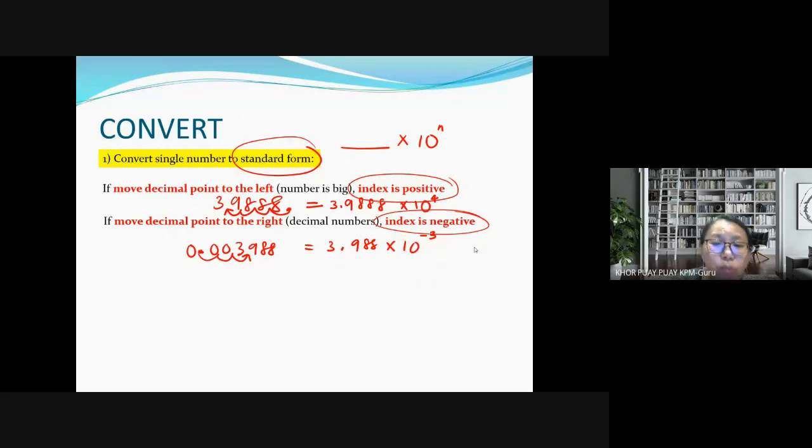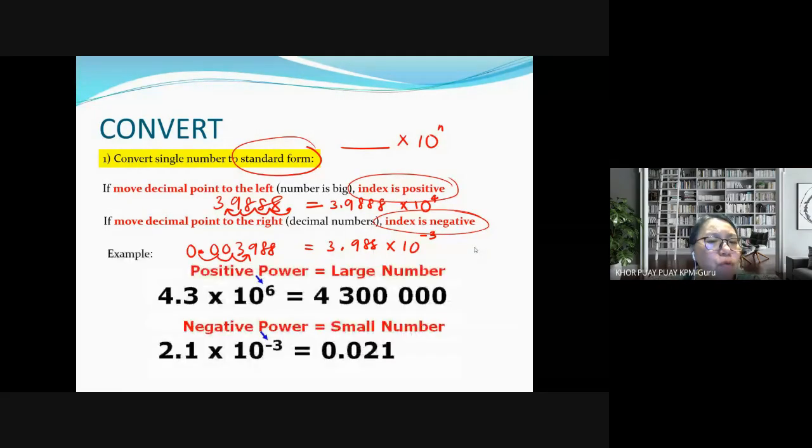Now, they also might ask you to change from standard form back to a number. If they give you a standard form, you look at the index first. This index is positive. Positive means if I want to reverse the process and go back to the number, I must move the point back, 6 steps.